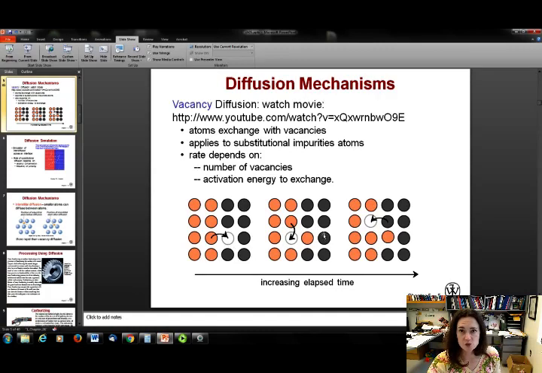This happens when you have an alloy, for example, where the radii are similar and they follow the Hume-Rothery rules for a substitutional solid solution, that sort of thing that we covered in a previous lecture. So this is for substitutional impurity atoms. The rate at which they hop, of course, depends upon the number of vacancies. If you have more vacancies, you'll have more hopping. And then there's also an activation energy for the atom to make that hop, and it'll depend on that as well.